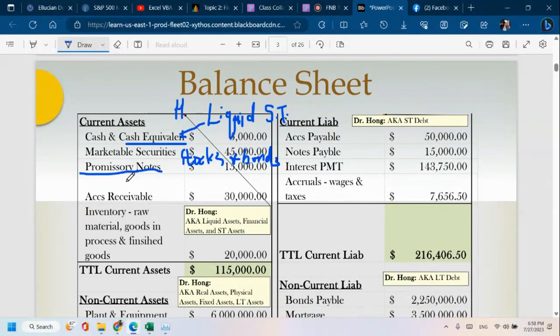If you're a good buyer, you always pay on time, so you don't have to offer any more incentives than just the promissory note. But sometimes some buyers will have to offer strong incentives to the sellers to accept their promissory note. So on the promissory note, they add some interest.